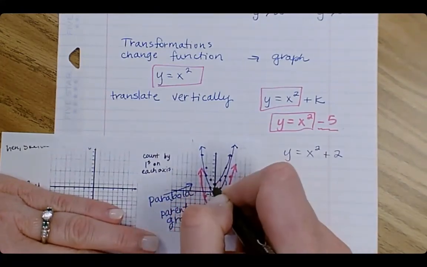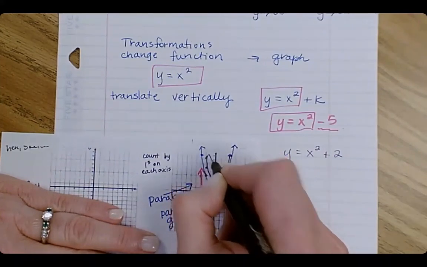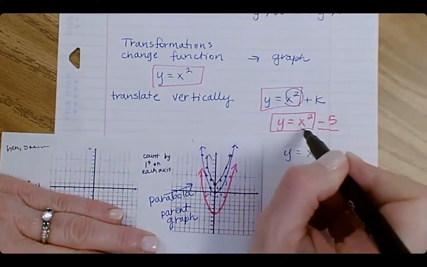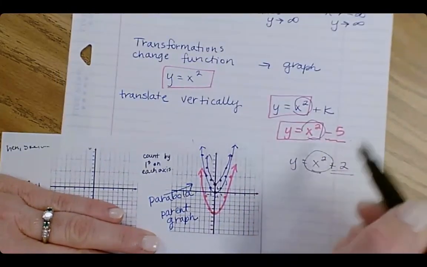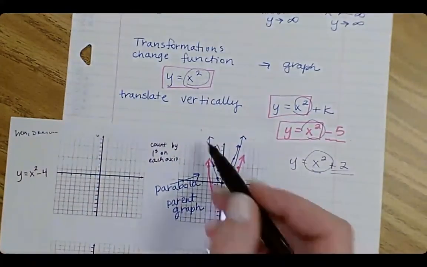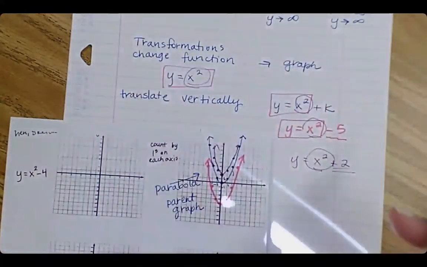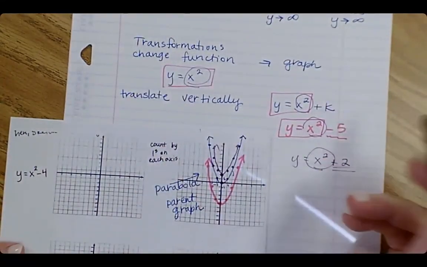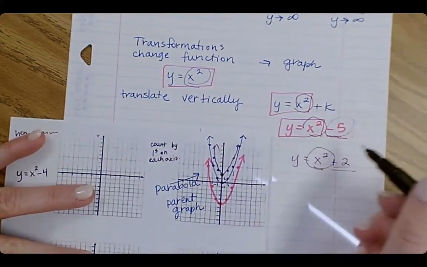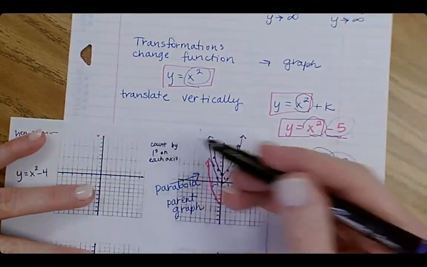So it's the same shape, it's just been shifted up 2. So as long as x squared stays the same and is not being multiplied by anything, you'll have the same parent shape. It'll just be this plus k. If k is negative, that moves it down. If k is positive, it moves it up.